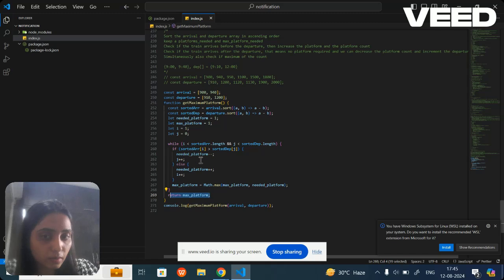The moment I'm checking whether it needs a platform or not, I'm also counting the maximum platform. So when the train which is coming arrives after the previous train's departure, that means you don't need a platform.